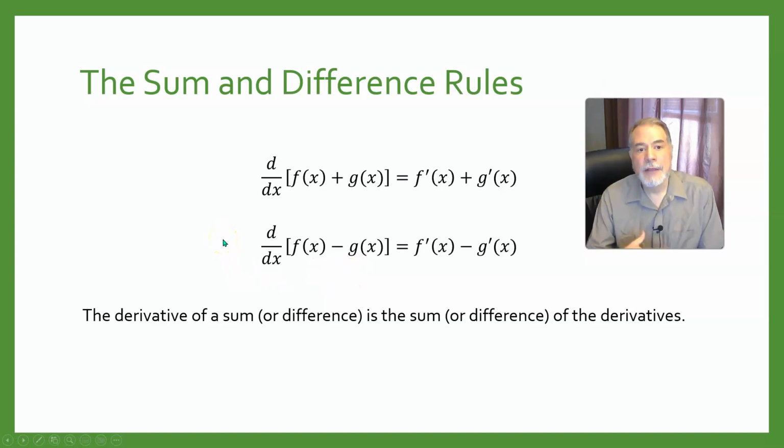In other words, if f and g are any two differentiable functions, because we are assuming that f and g individually do have derivatives, then f plus g is differentiable, and its derivative is just the derivative of f plus the derivative of g. Likewise, the derivative of f minus g would be the derivative of f minus the derivative of g.